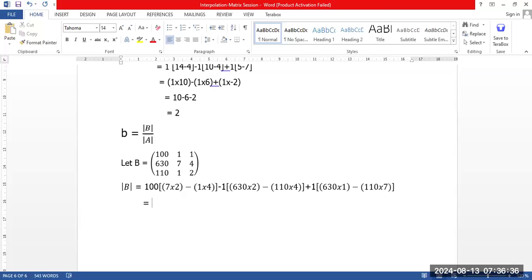It is 100 times, just use your calculator. 14 minus 4, what do you get? That is 10. Then minus, what is our next? We are here. You can use your calculator directly.